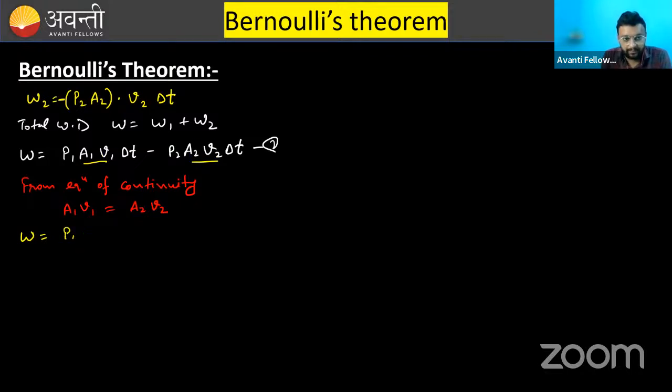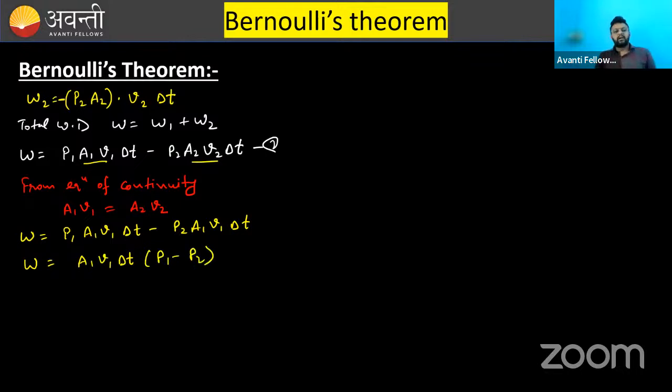So W is equals to P1 A1 V1 delta T minus P2 A1 V1 delta T. A1 V1 delta T is common. What will remain? P1 minus P2. I think everyone is clear up to this mark.